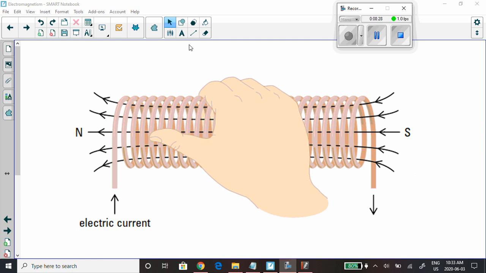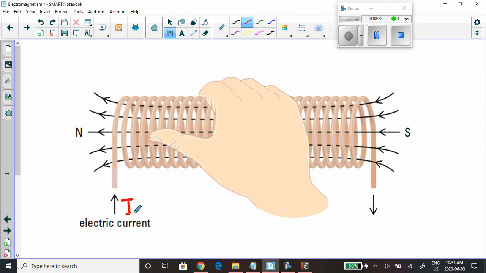Now, the other very important configuration for a conductor is a coil or solenoid. Now look, this is the current, I. So the current is going up here, right? Look, follow it. It's going down behind it and then up in front. Then let's follow this.